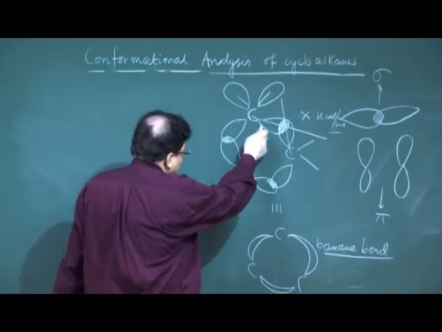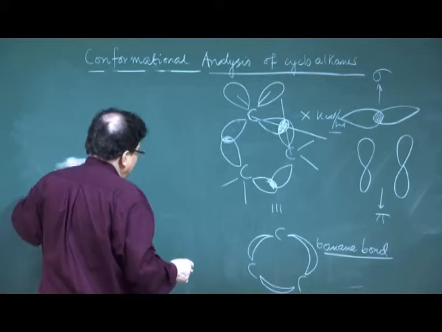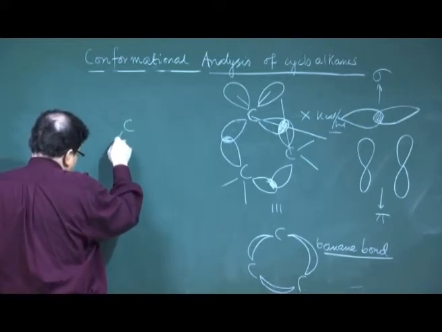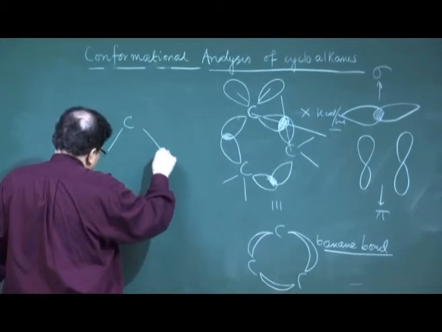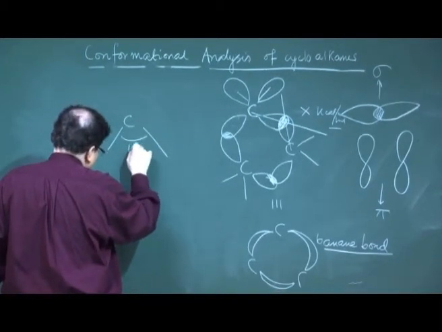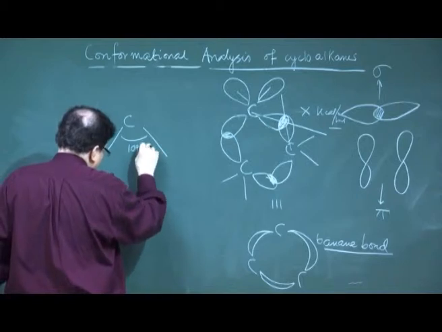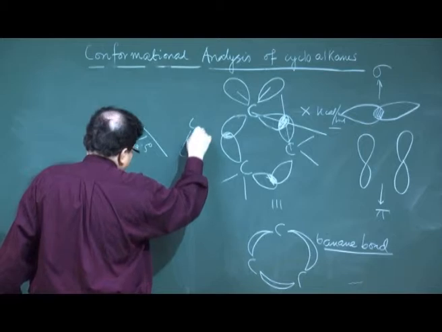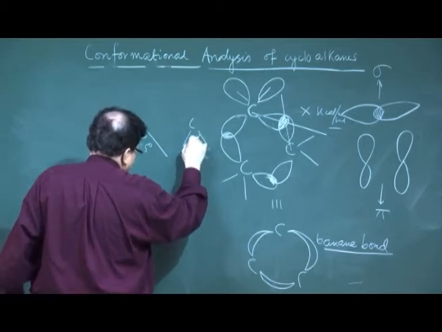According to Bayer strain theory, there is angle strain here: the normal angle should be 109.5 degree, but if you think it is a rigid system, it is 60 degree.